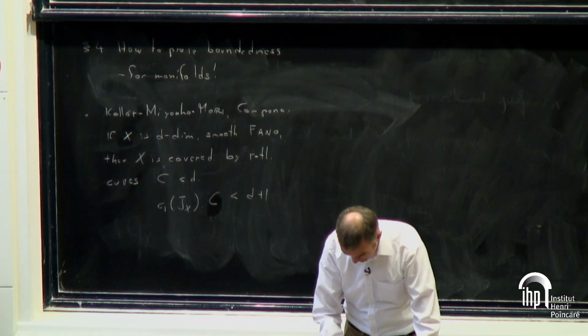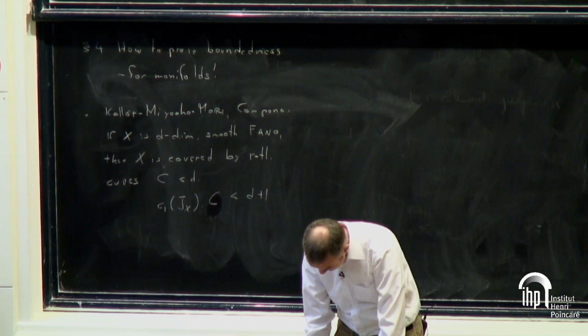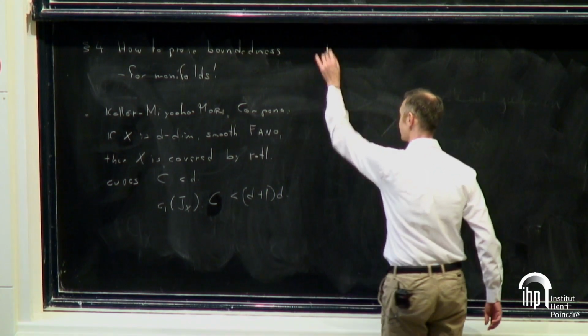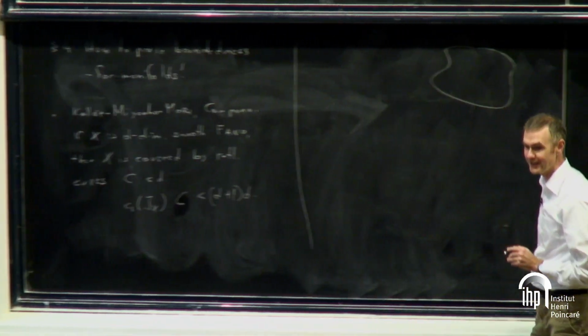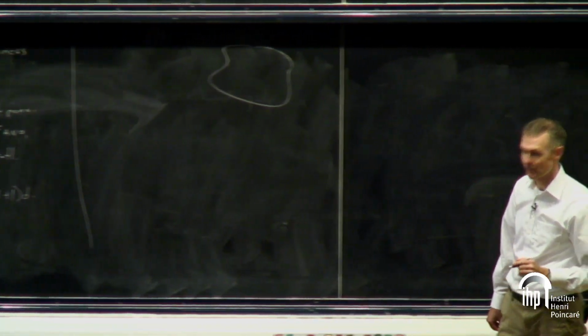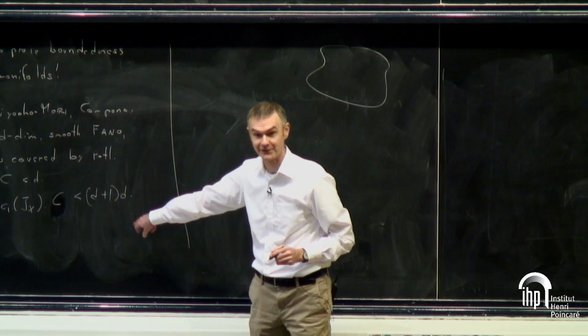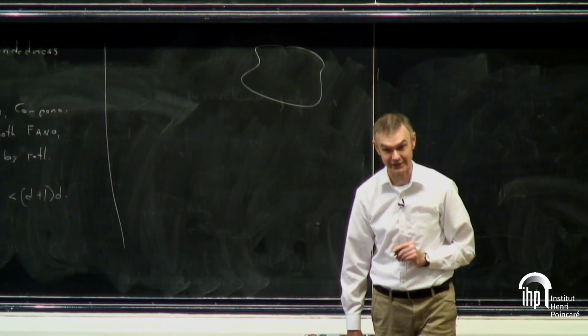Olivier probably knows better. Is this d plus 1? It's d times d plus 1. So I have my space X, and on that space X, I find many, many rational curves whose intersection number is bounded like so. So this is the first main ingredient.